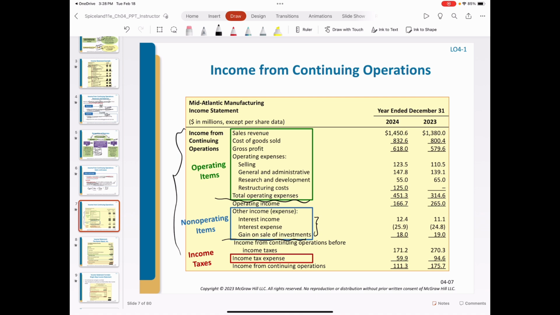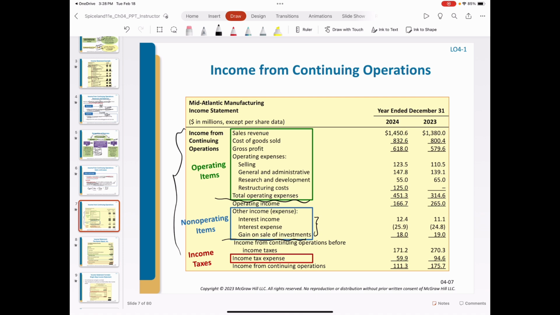Interest income is earned from investing activities in the financial assets. Gains and losses from sales of investments, that's from investing activities. Interest expense is incurred from the financing activities through borrowing activities.